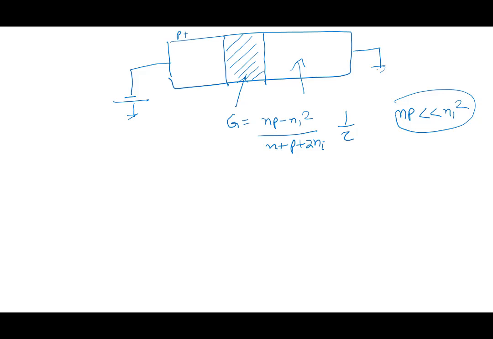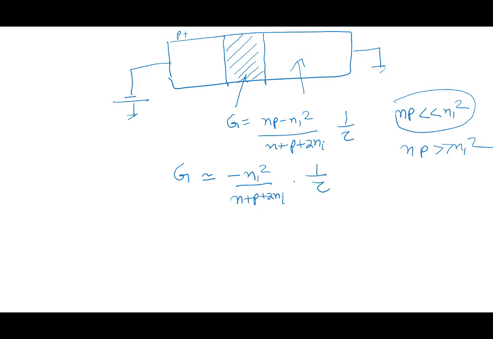On the other hand, when you apply forward bias, then np becomes much larger, because you are injecting electrons and holes. So np becomes much larger than ni square. In reverse bias, np will become much smaller than ni square. That's the first thing. So you can approximate the generation rate as minus ni square over n plus p plus 2ni times 1 over tau.